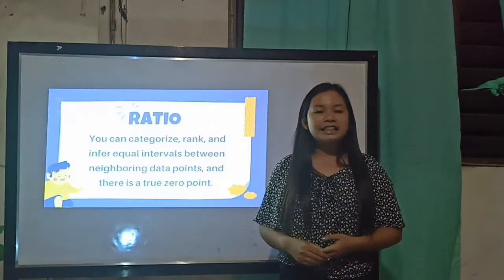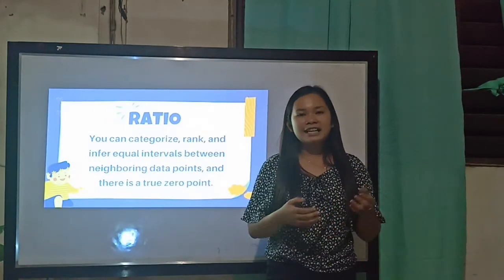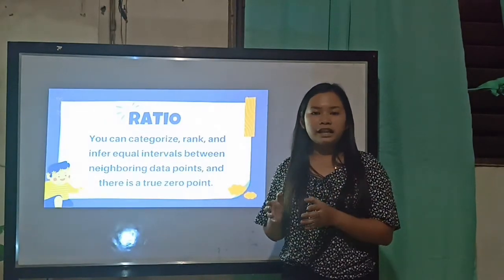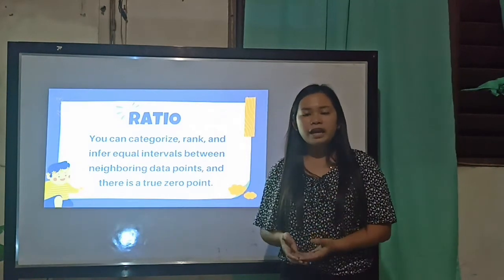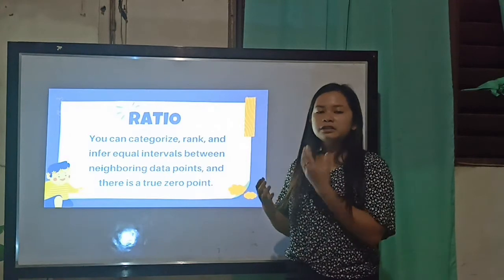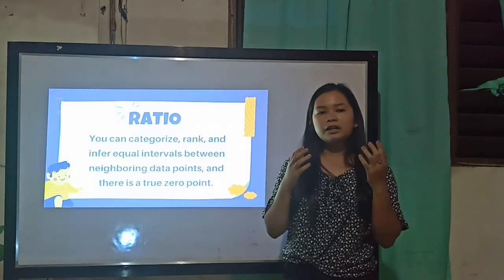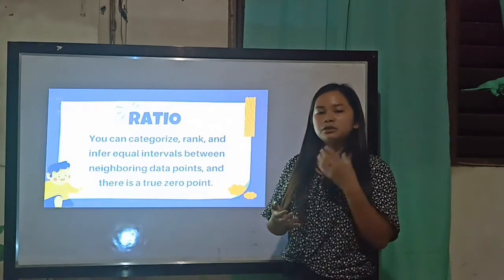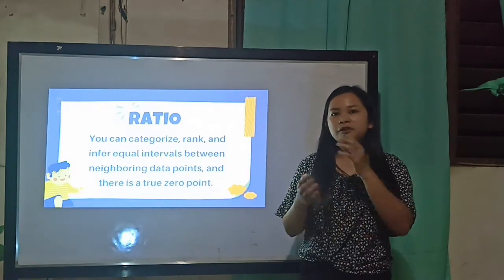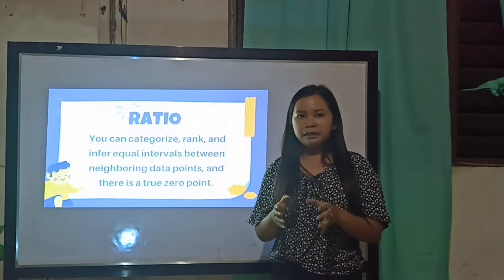The highest level is the ratio because it has the same properties as the interval level. The order and the difference can be described, and additionally, ang nakanindot sa ratio is that naa siya true zero, which means zero basis siya, and the ratio between 2 points has a meaning.